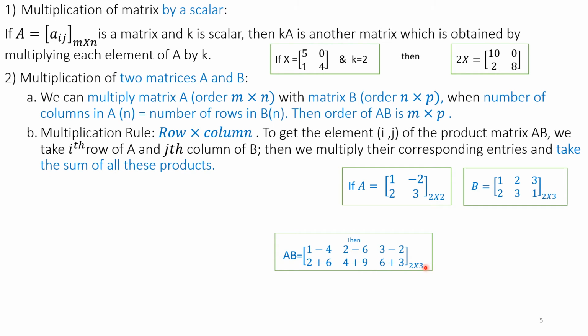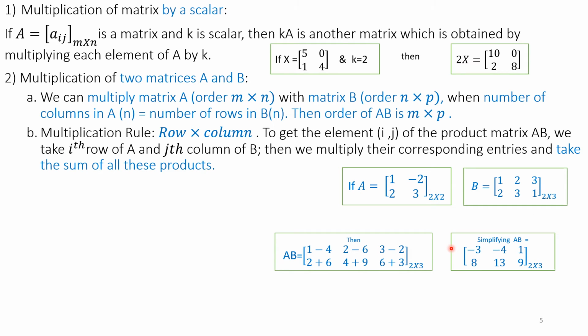Let us simplify this. So this matrix AB is of the order of 2 by 3. You see here 2 is the number of rows of A and 3 is the number of columns of B. So we get AB as 2 by 3. That is number of rows of first and number of columns of the second as the resultant.